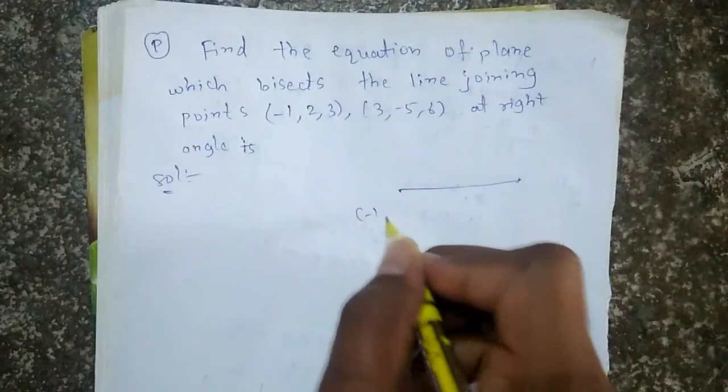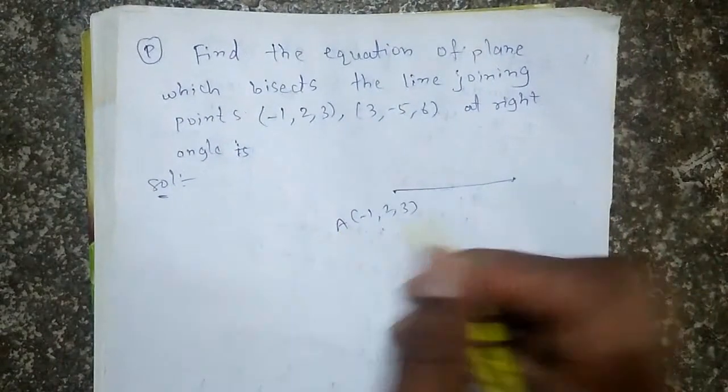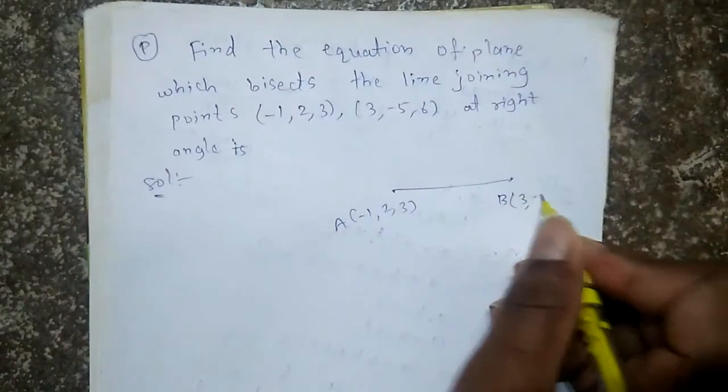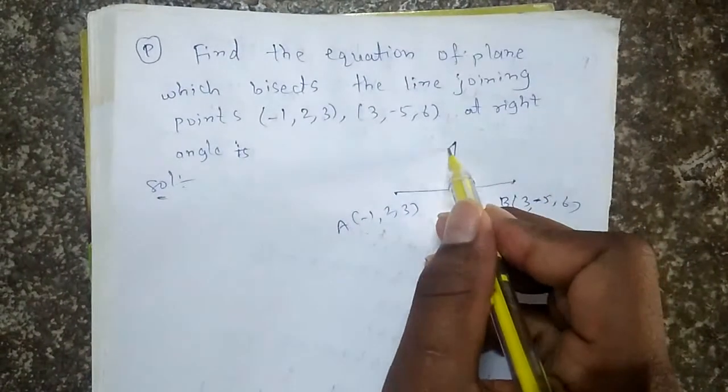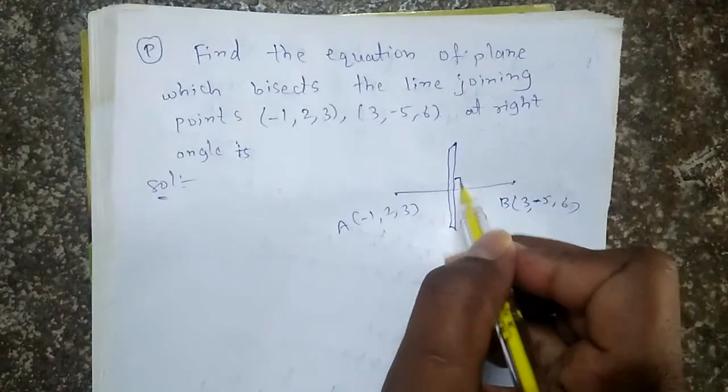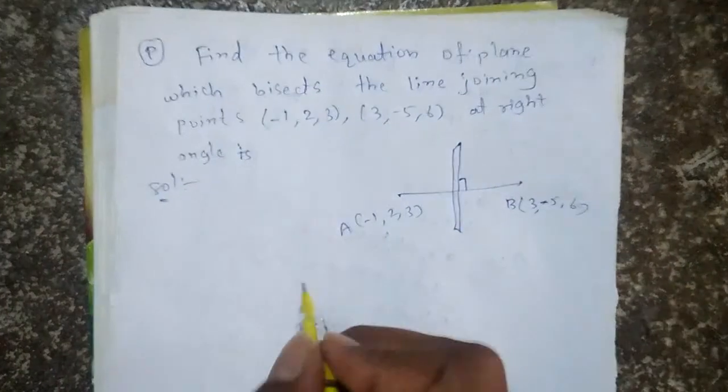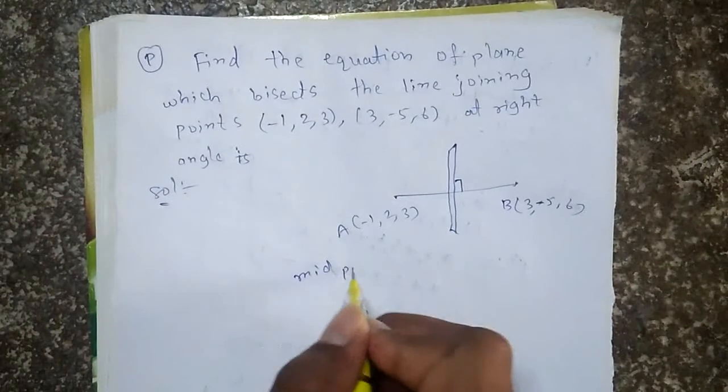This is the line -1, 2, 3. This is A, this is B, 3, -5, 6. So the plane bisects at right angle. So first find the midpoint.